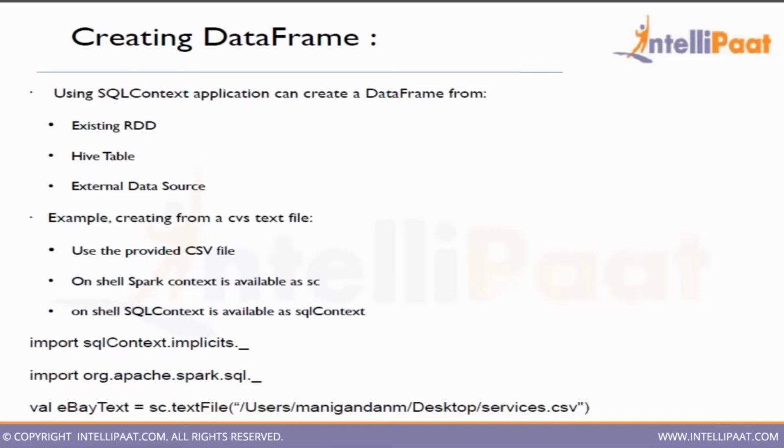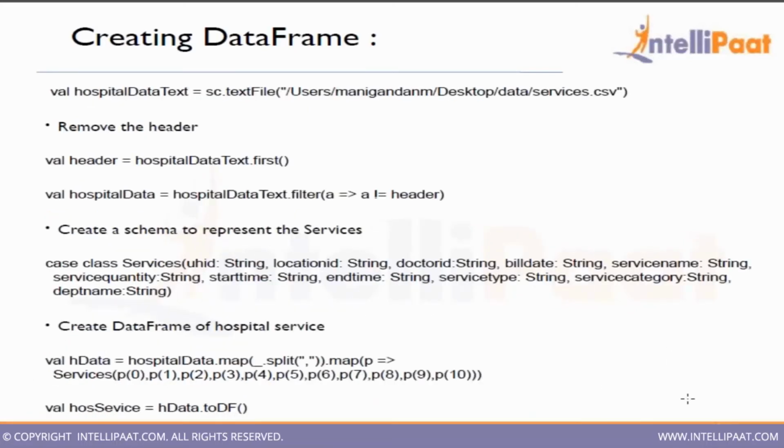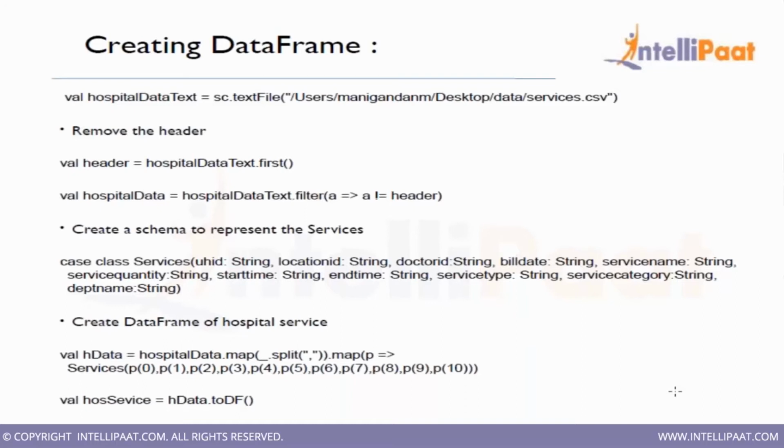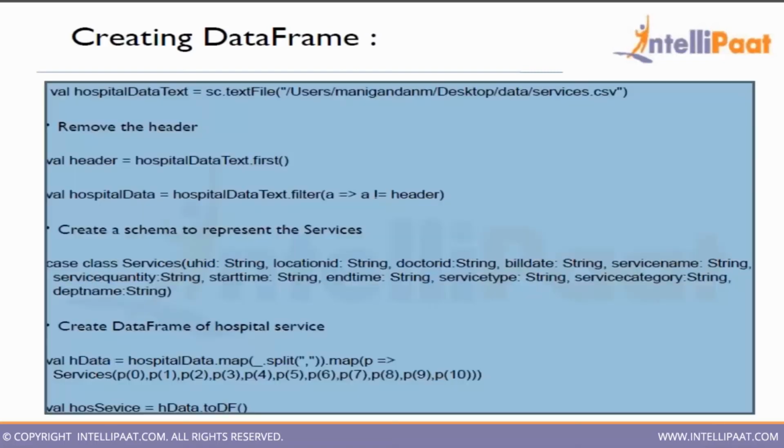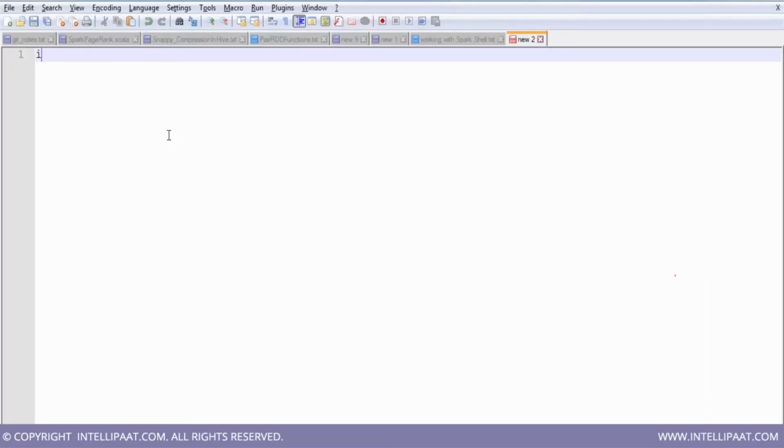Okay, so let me create this. I should have this file available with me, so that we'll create our own data set. What it needs is the ID, location ID, doctor ID, bill date, service name. So let's take ID, name.